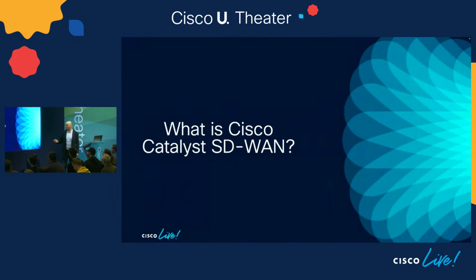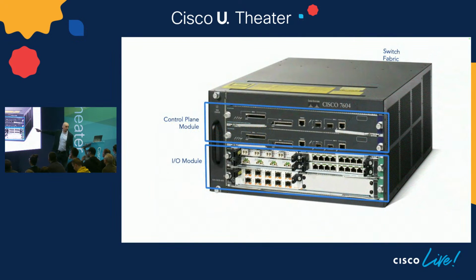All right, so what is Cisco Catalyst SD-WAN, right? Who recognizes this piece of gear? That's going to show your age, right? Not many of you. So this guy, the internet was running on it many years ago. Who remembers Dynamips? Not the man. Oh, a couple of people.